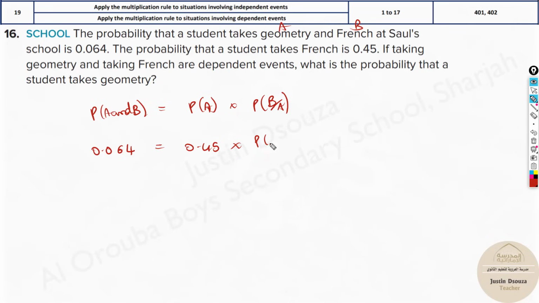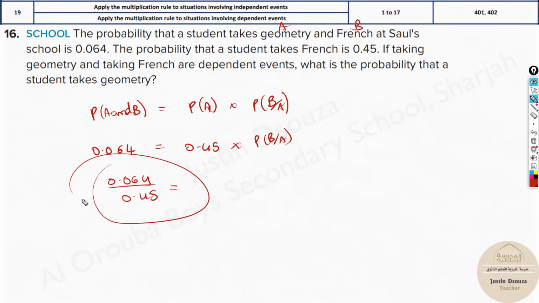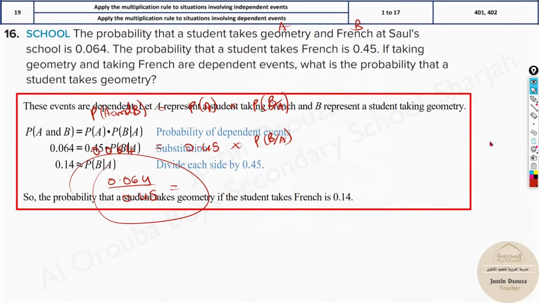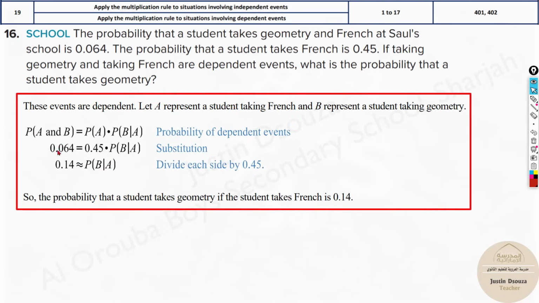Now we need to just find this probability of B given A. So just take it to the other side and solve. 0.064 divided by 0.45 would be the answer. That's it. If you know the formula, it is very simple to solve. Now you can see here they have written this and you just take this to the other side and divide. So it is about 14% chance that the student takes geometry as well.